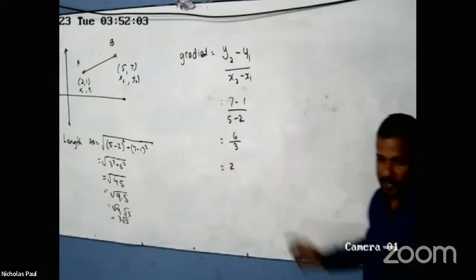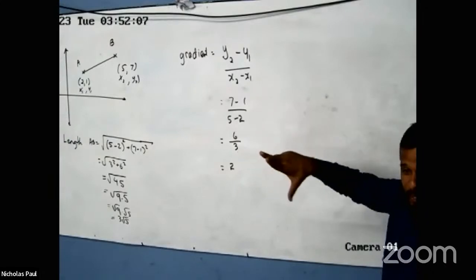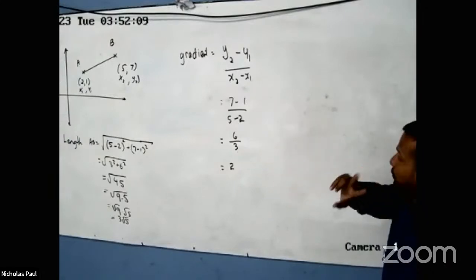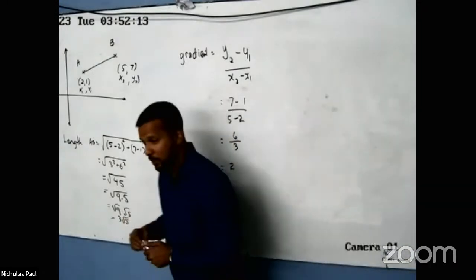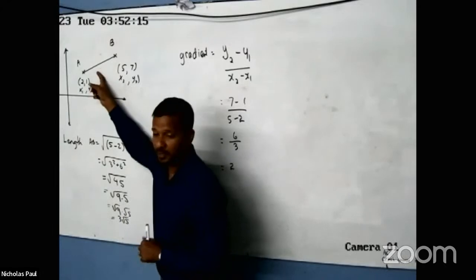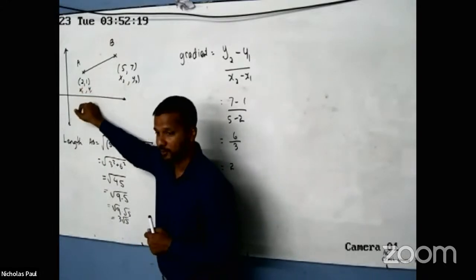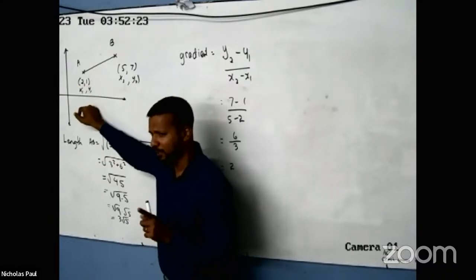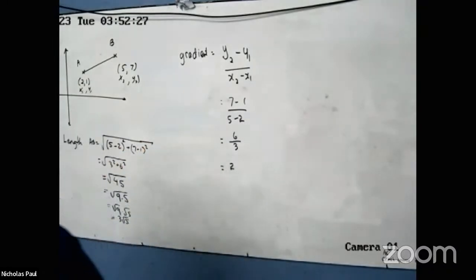So we have gradients. We have length of a line. All okay with that? So we have two things so far. Now what we need is something called an equation of a line. An equation of a line gives you a relationship between all the x and y values.